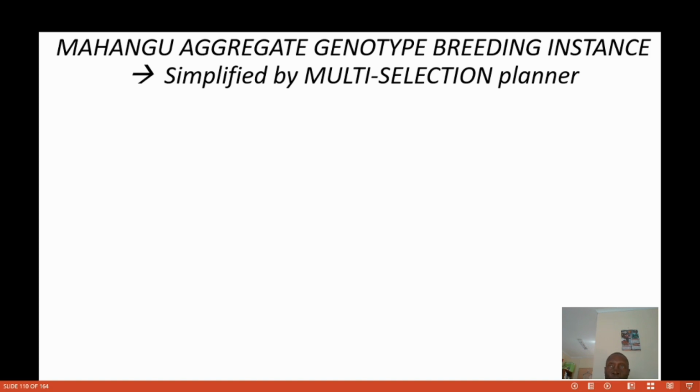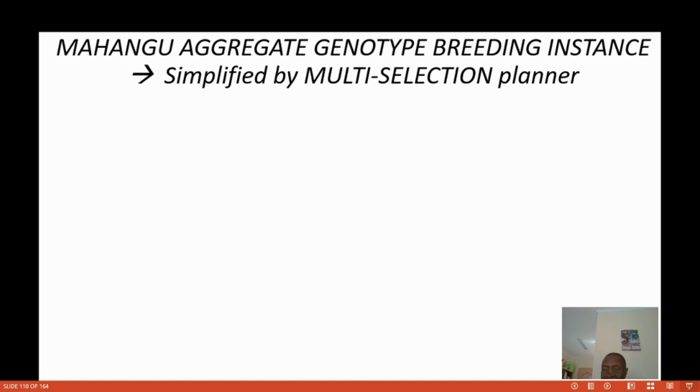For example, one may want to refine, develop, and fine-tune the Mahangu elite variety we have, I think it's Okashana 2 or something like that. We may now want to get to Okashana 3. What is it that is lacking?